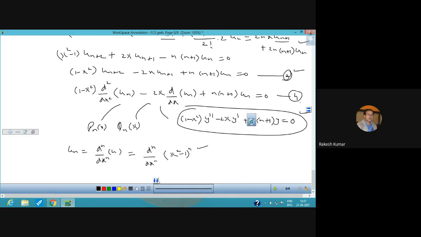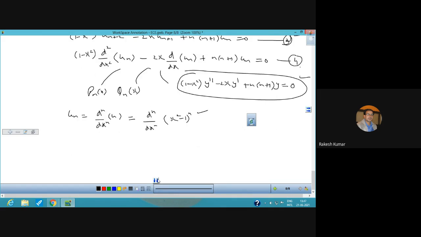So because जो pnx था, that was containing only positive powers of x, and it must be a constant multiple of pnx. So therefore your un can be written as C1 into PNX. Legendre का जो solution है वो हम use कर रहे हैं. So un is a nth order derivative of x square minus 1 whole raised to power n.